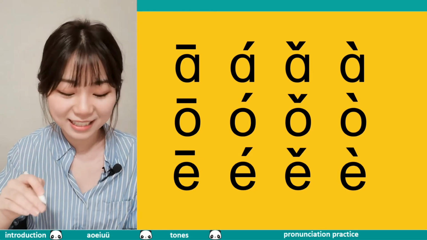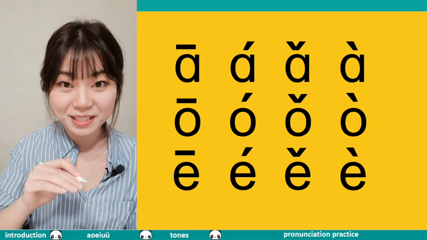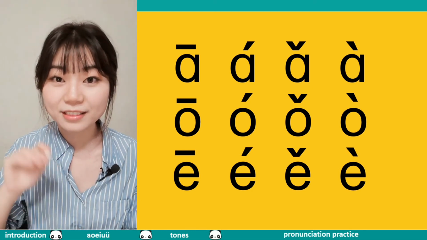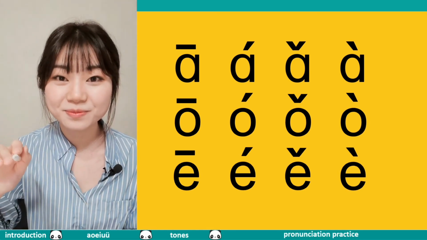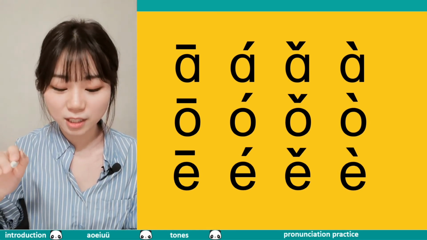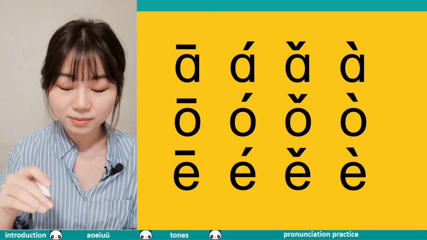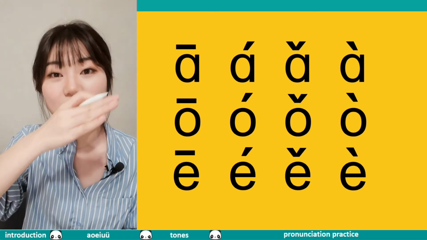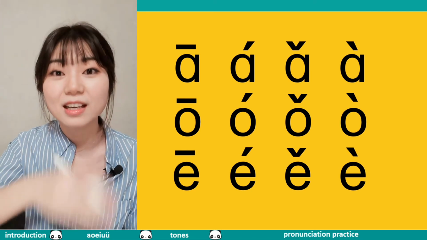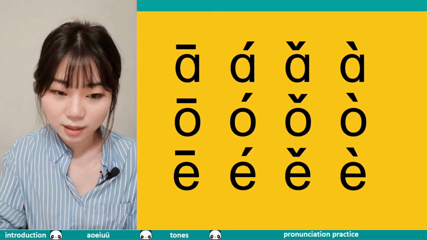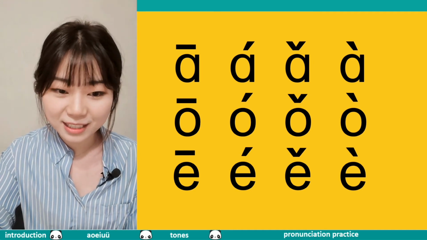This may not be that easy for you, so practice with me, from 2 to 1 to 4. Alright, the first tone, from 5 to 1. Okay, you've done a great job.